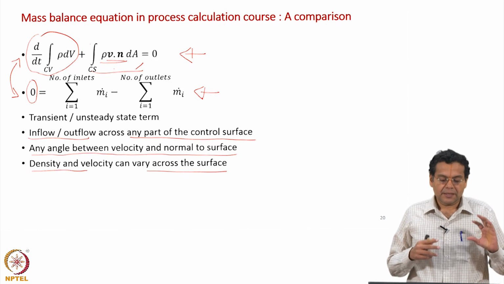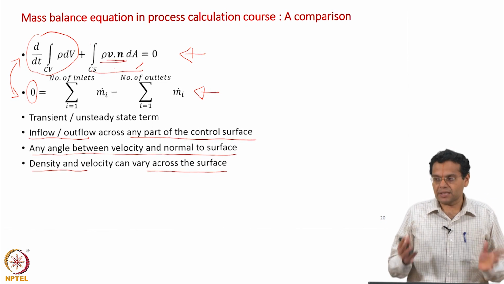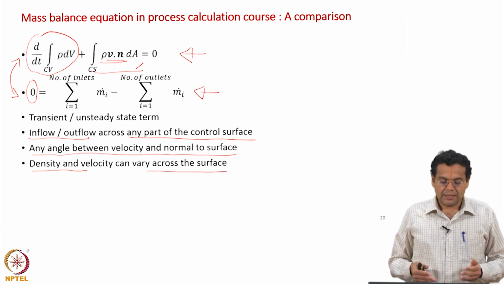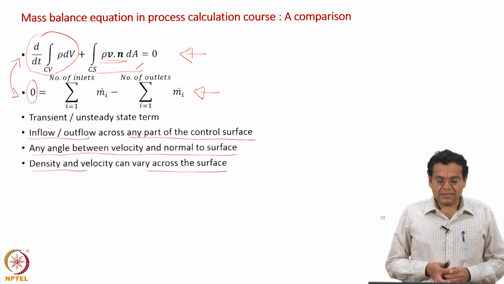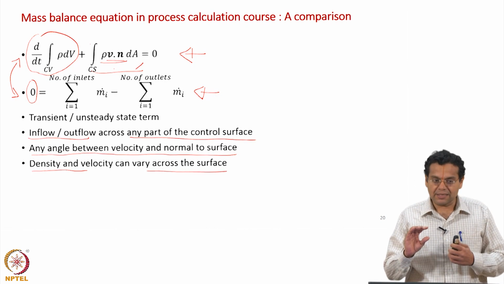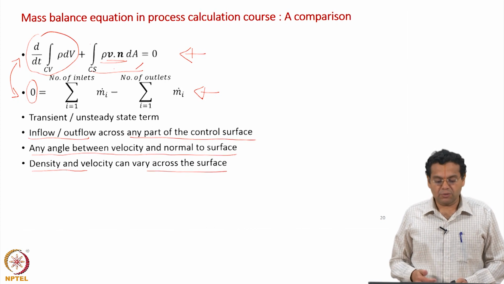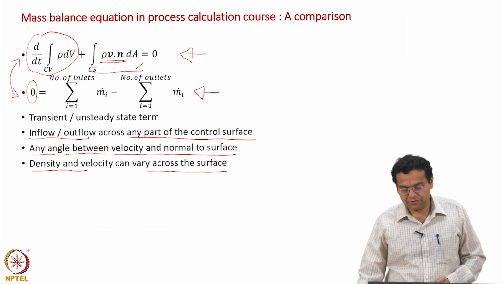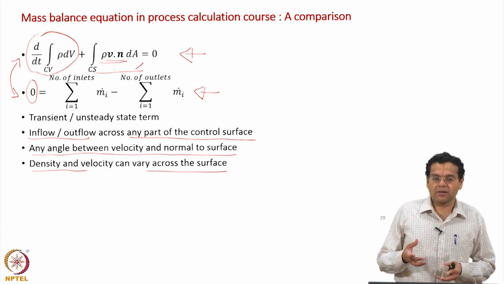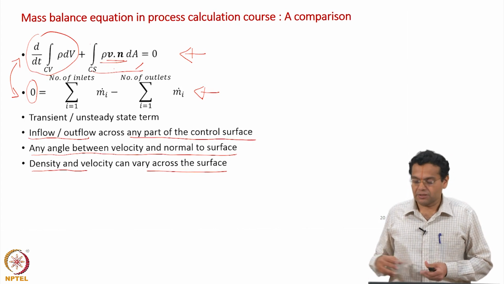Number 3, comparing the original equation you derived, the most generic equation, and the equation which you have used, there are several generalities in the equation which you have derived. What you have seen is a small subset of that under certain limiting conditions, and how far we are more generic: the transient or unsteady state term, inflow and outflow across any surface, any angle between velocity and normal to the surface, and density and velocity variation across the surface can be considered.